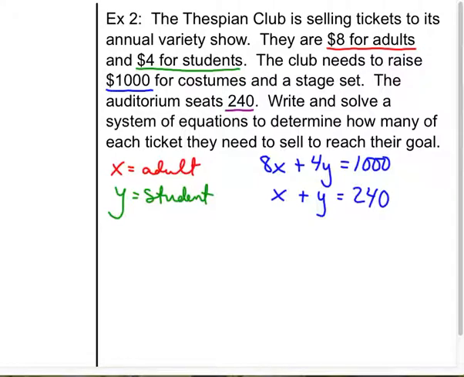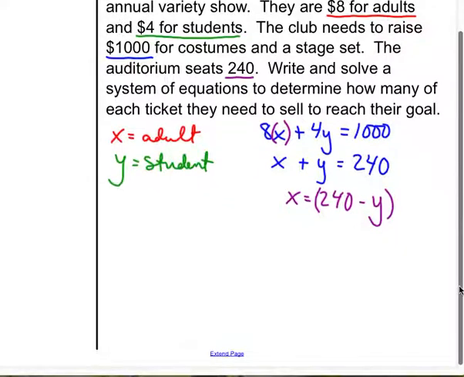Looking at my second equation, it's just as easy to solve for X or Y. So I'm going to go ahead and solve for X by subtracting Y from both sides. Once I have X solved for, I'm going to put it in parentheses and replace X in my first equation with 240 minus Y.